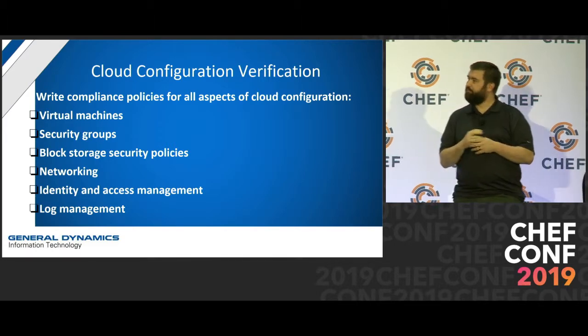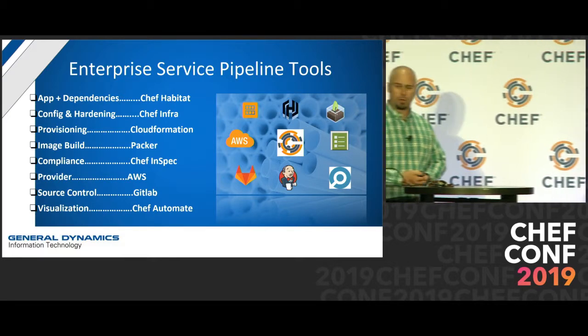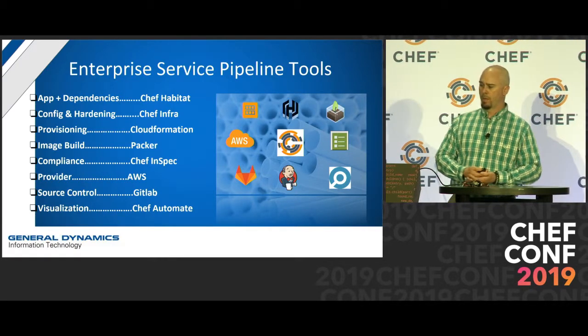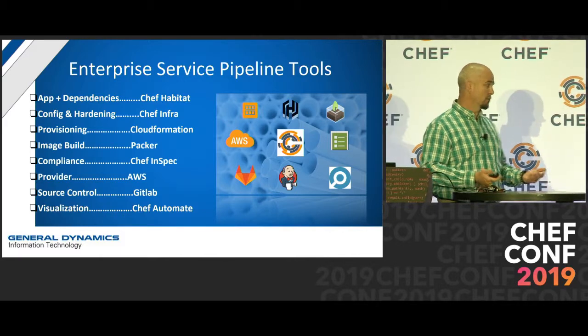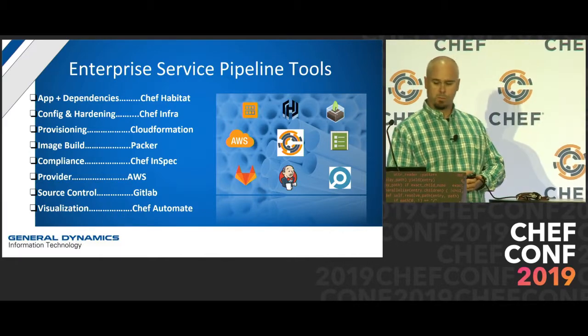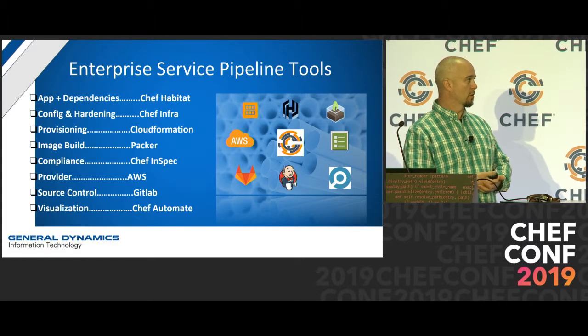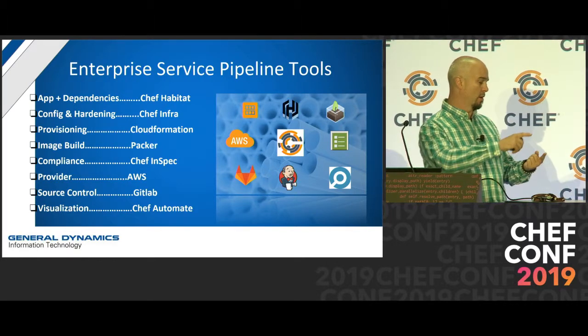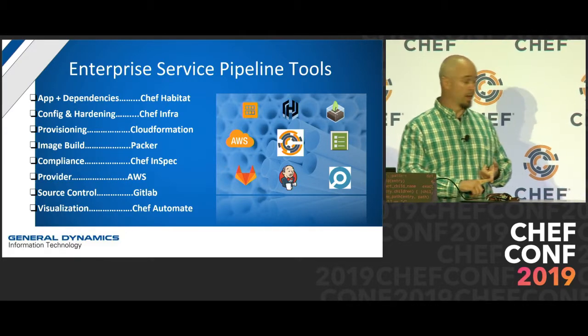Okay, great. So let's talk a little bit about what the stack is for your enterprise Chef as a Service solution. All of these tools, some are Chef, some aren't, but what they have in common is they are as-code tools, so you can version control them, correct? Mm-hmm.